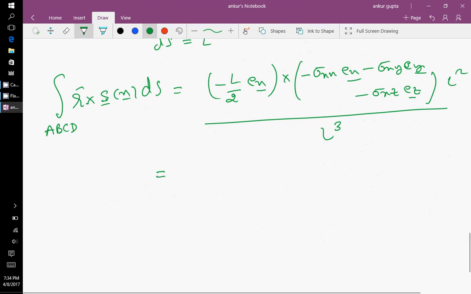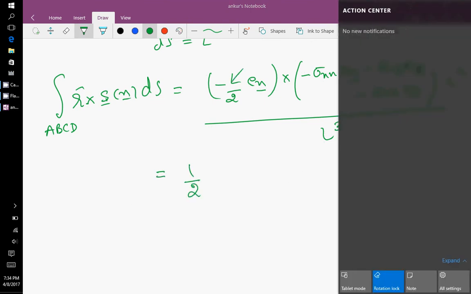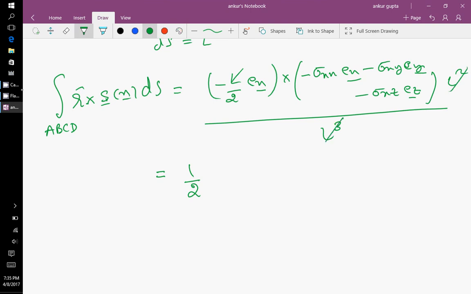And if you do that, this actually becomes half because L cube gets cancelled, and minus minus gets cancelled. So this becomes ex cross sigma xx ex sigma xy ey sigma xz ez, and ex cross ex is 0.